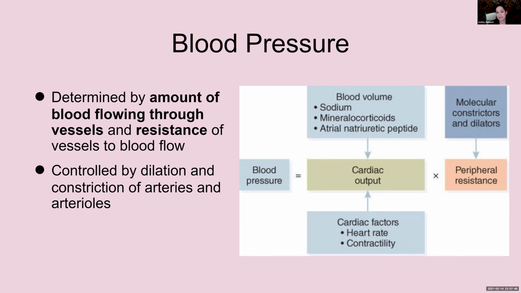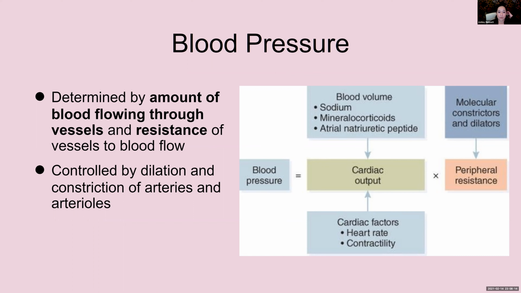It does that through systems of regulation, like the renin-angiotensin system and the sympathetic nervous system. Those work mostly by vasoconstricting the blood vessels. There are a couple of other ways that they work too, but right now we're just going to go through the math.